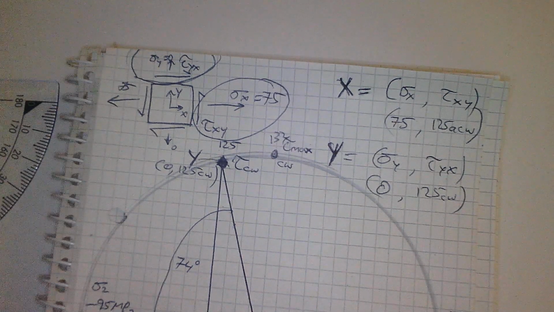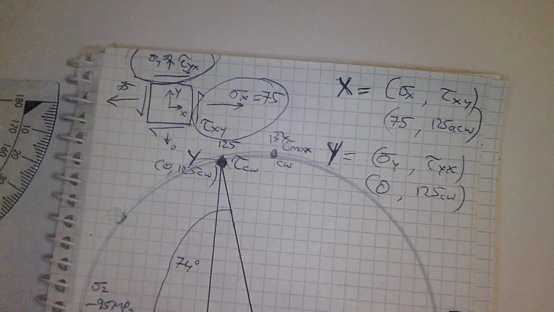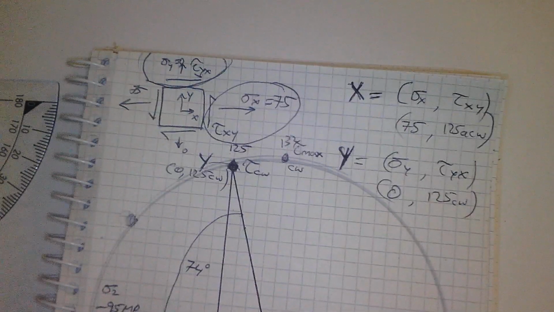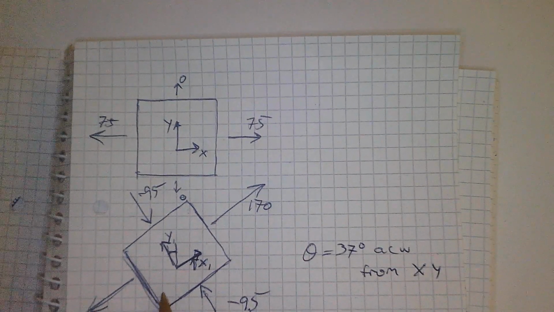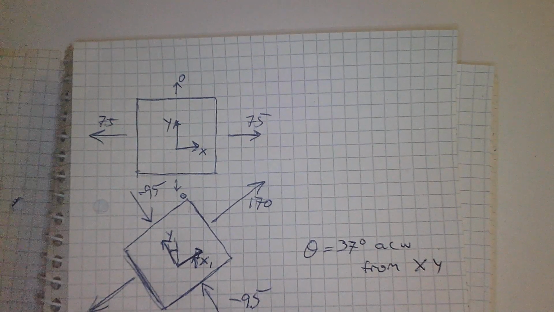So that 74 degrees on Mohr's circle corresponds to 37 degrees in the real world. All right. So that plane, or that orientation, those are your two principal stresses, and that's the angle at which they occur.